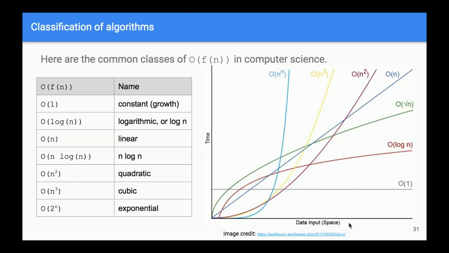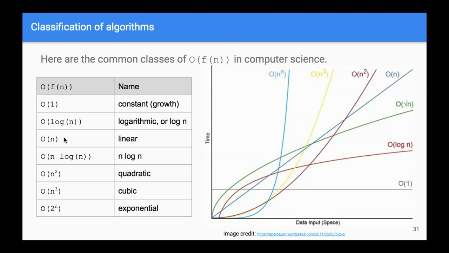Basically, as the size of the input increases, the time it takes to solve a problem using that class of algorithm doesn't increase. So it stays constant. The next one is log of n. And log of n, as you can see, is this red line here. It grows, but doesn't grow terribly fast.